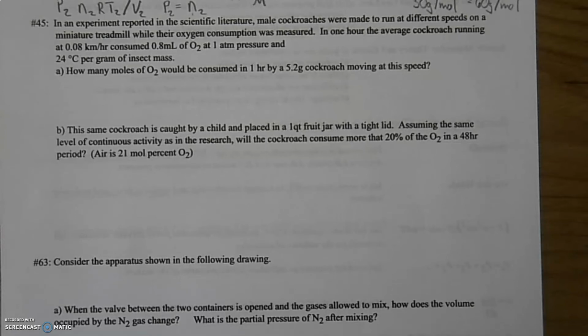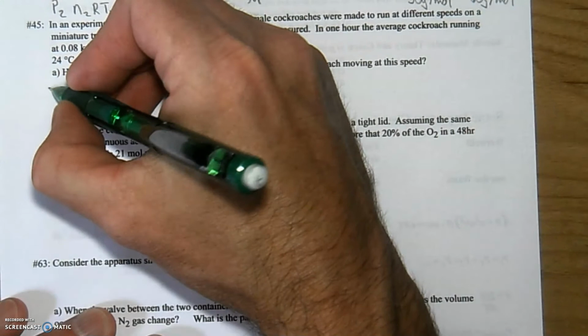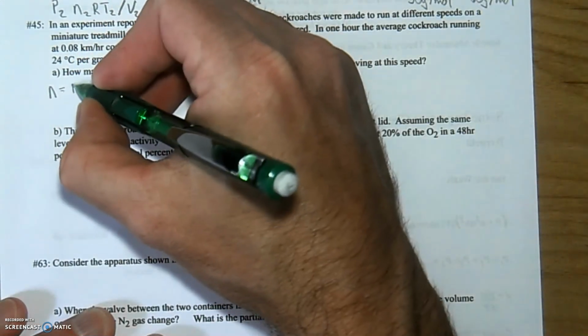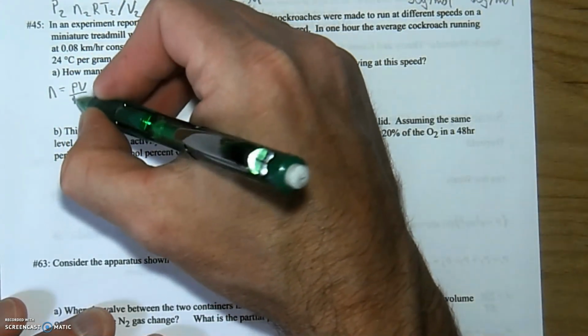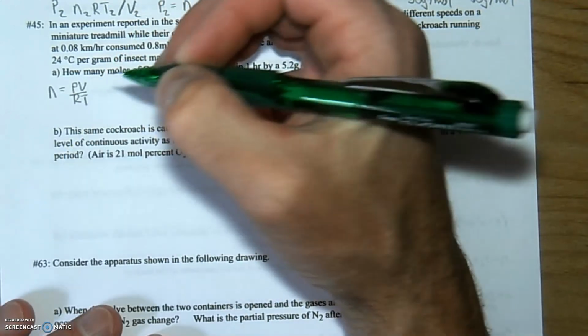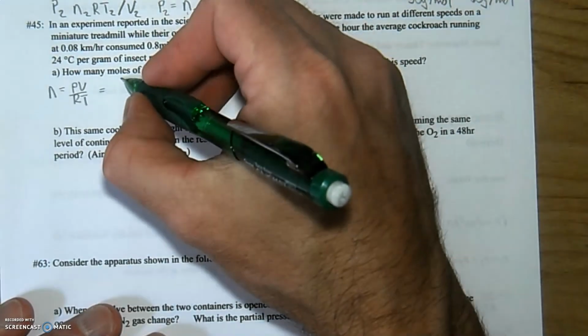Okay, we are solving for moles. So starting off here, I will say n is equal to PV over RT, and then see if I can just plug in stuff that the problem gives me here. They tell me it is 1 atm.